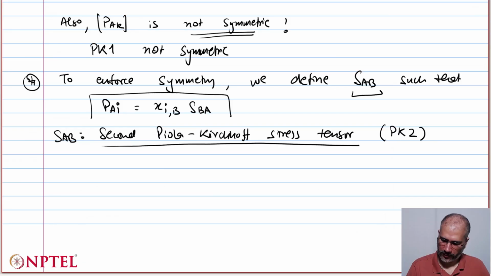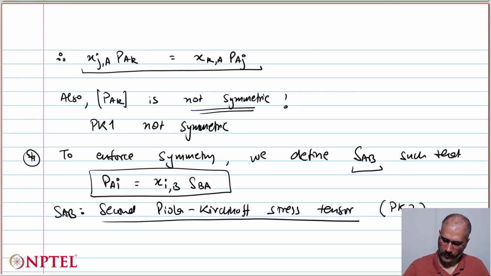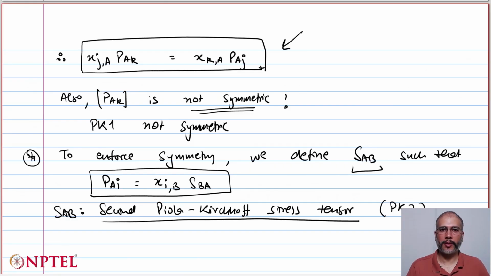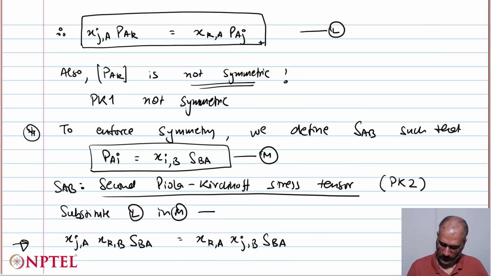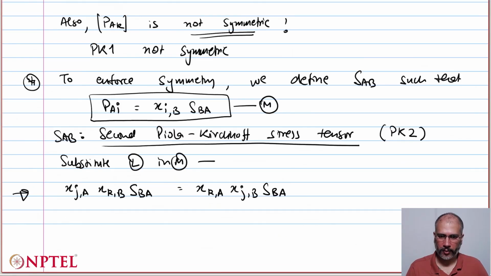And let us check if this definition of PK2 results in its symmetry. So we'll use the top relation here, which we got from the angular momentum principle. So let's call this L and this is M. So we get this equation. And then we perform some index manipulation. On the right hand side, let's say we swap indices A and B because both are repeated.